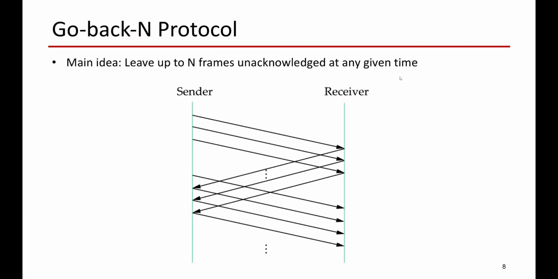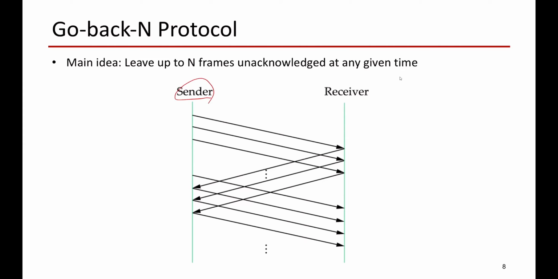So the basic strategy is to keep up to N frames unacknowledged at any given time. Meaning, if I send a message and just wait for the feedback, that is not efficient because I have to wait for every packet that I send. Don't do this. I'm sending N frames unless it is specified.